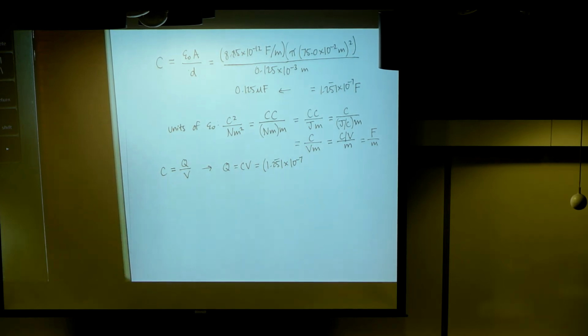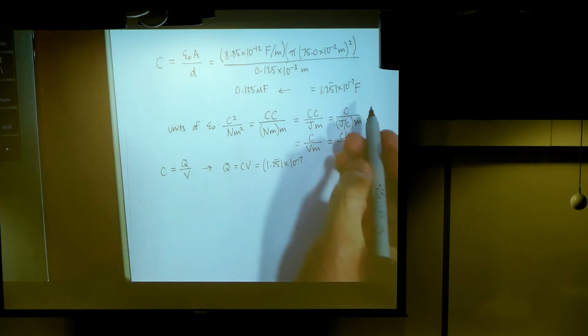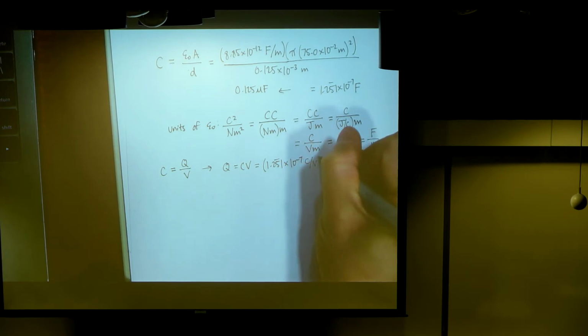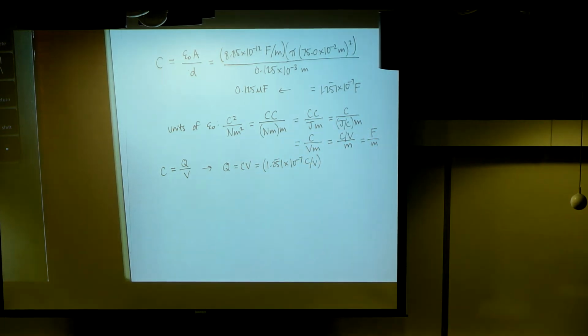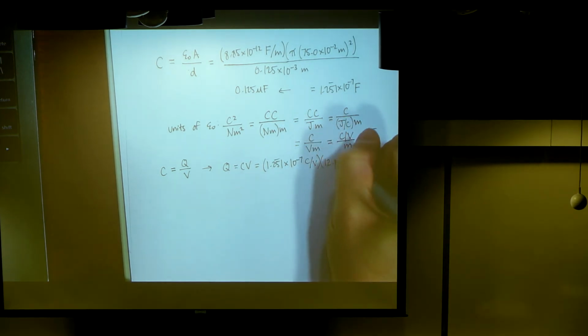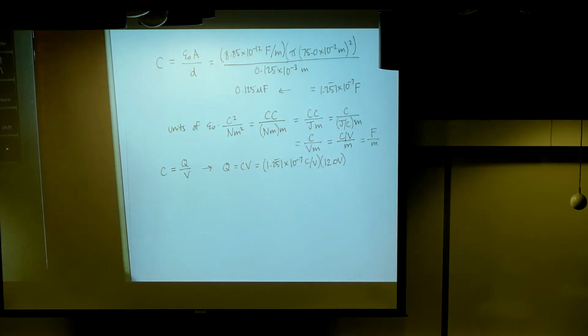But in this calculation, it's going to be useful to think of a farad in the following way. It's a coulomb per volt, right? And then in the first follow-up question, we were imagining the voltage is 12 volts. Okay? So can someone crunch those numbers for me?